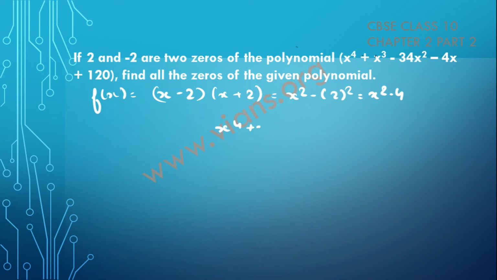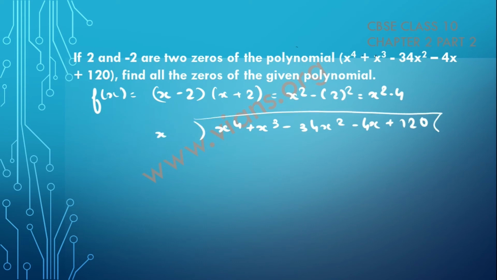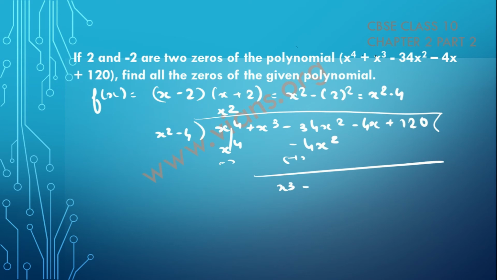X power 4 plus x cube minus 34x square minus 4x plus 120 divided by x square minus 4. X square into something needs to give you x power 4. That's x power 4 minus 4x square. Change the sign. x cube minus 30x square minus 4x plus 120.